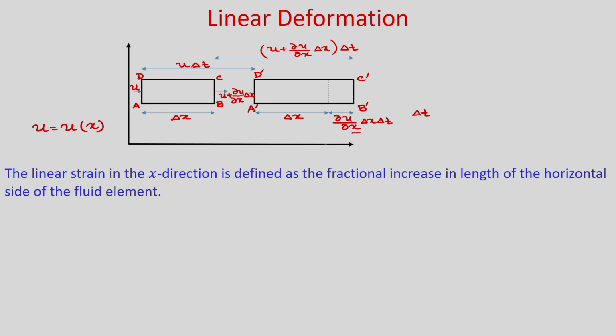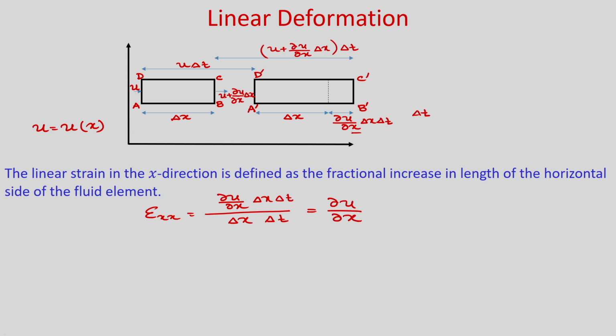So, the linear strain we can write as the change in length, del u by del x delta x into delta t, divided by the original length delta x and per unit time delta t. That is nothing but del u by del x.